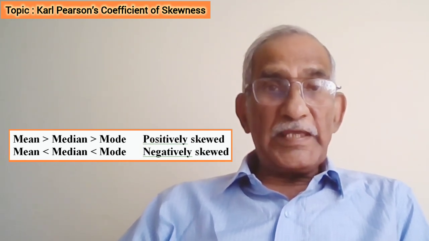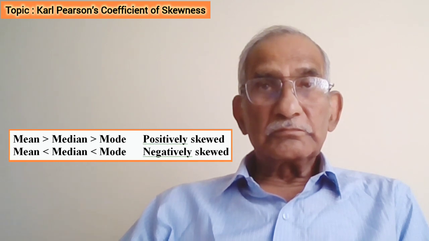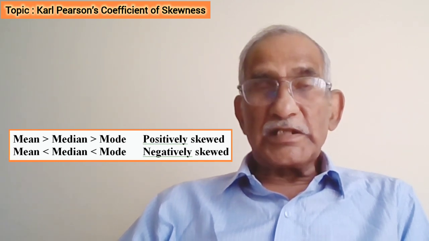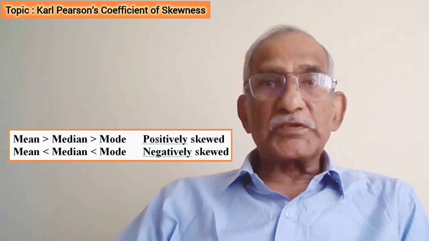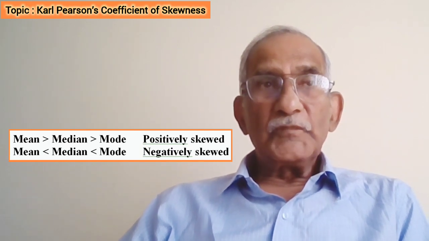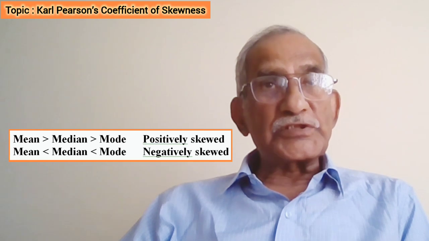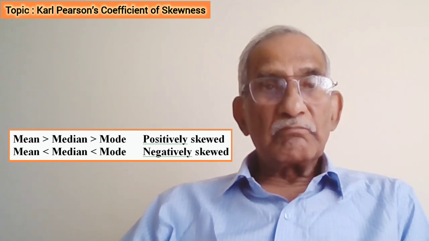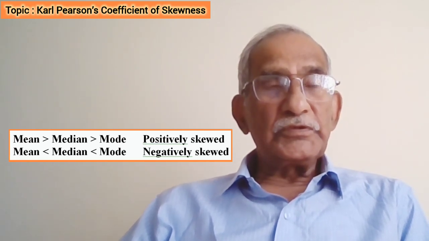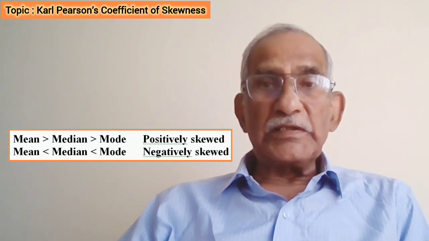So the value of Sk, that is the value of the Karl Pearson's coefficient of skewness, would be positive in case of positive skewness. It would be negative in case of negative skewness.